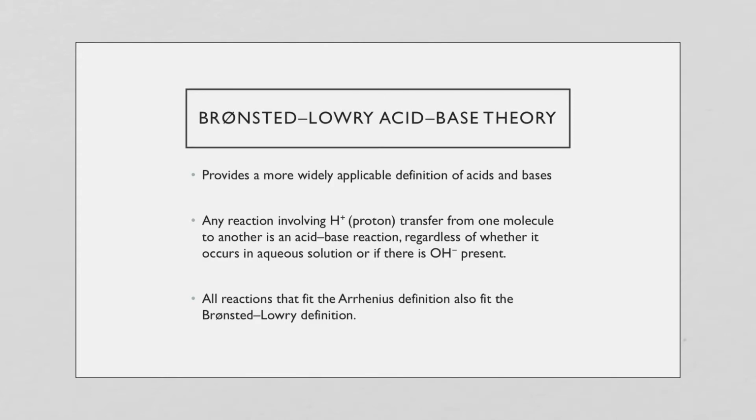Okay? So it's a transfer. So we have a transfer of an H plus from one molecule to another. Right? And any reaction that involves this transfer is a Bronsted acid-base reaction. And so this is how we can pull in these other compounds because they involve these proton transfer reactions.